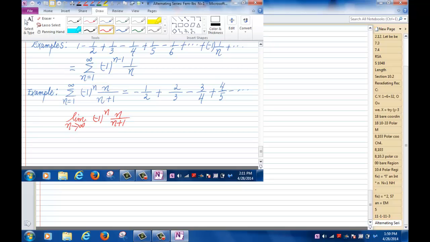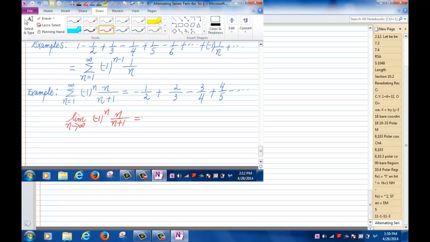Therefore, if the nth term does not go to 0, the series is divergent. If the limit of the nth term is not 0, the series is divergent. That's the test for divergence. So what is this limit here? Without the (-1)^n, what's the limit? 1. What's the limit with the (-1)^n?